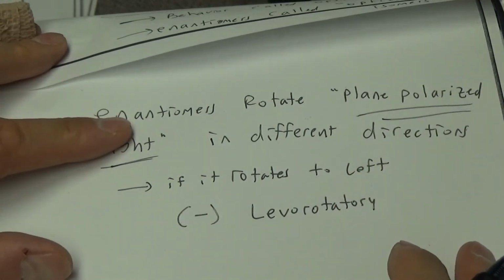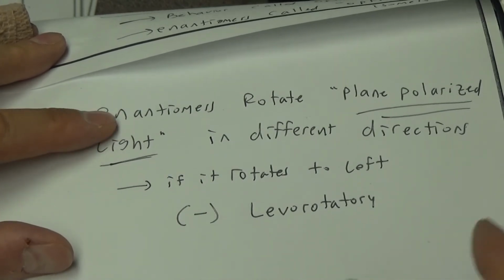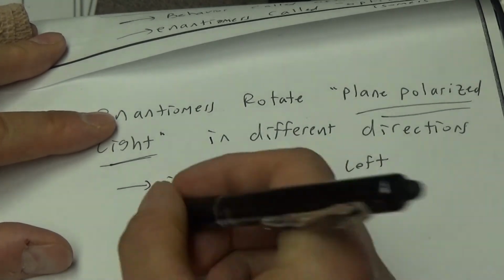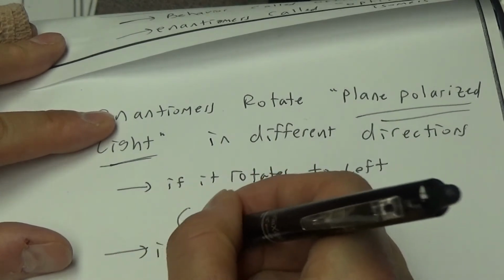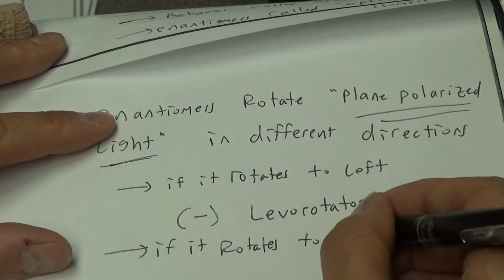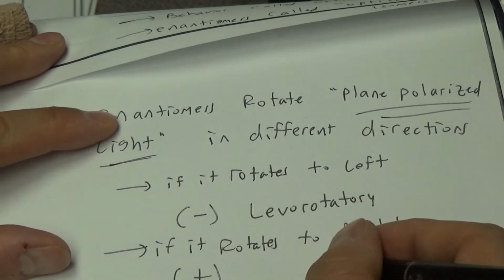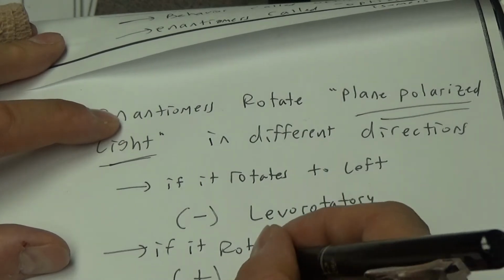Okay? And if it rotates light to the right, it's going to be called plus, and that's going to be called dextrorotatory.